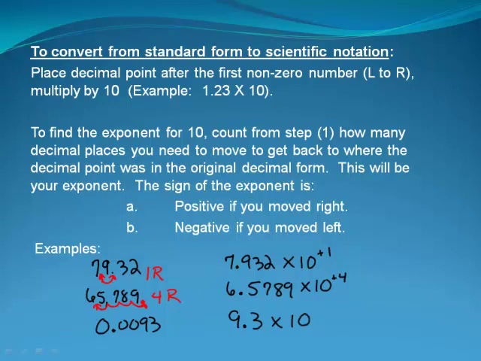Okay. We placed the decimal after the 9. It originally was over here in between those zeros. To get it back to where it originally was, we'd have to move 1, 2, 3 places. And we moved left. That means a negative 3 in terms of exponent work. Okay.